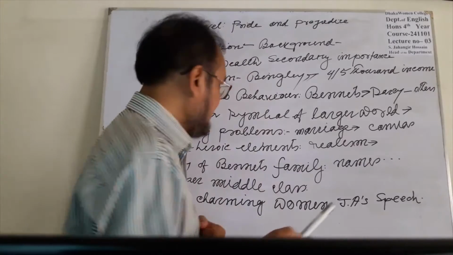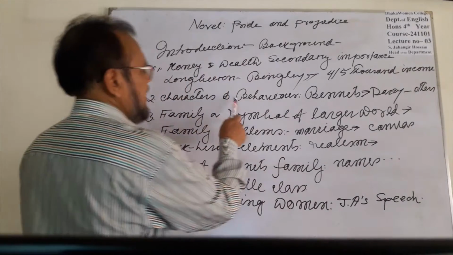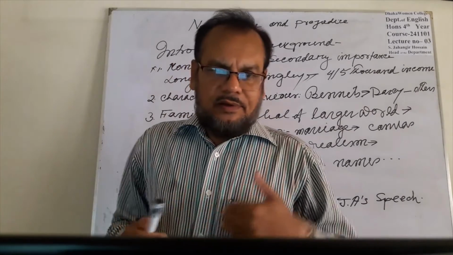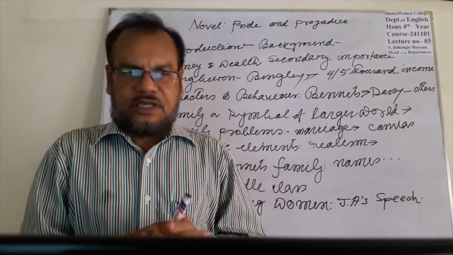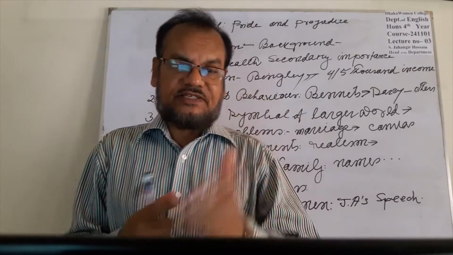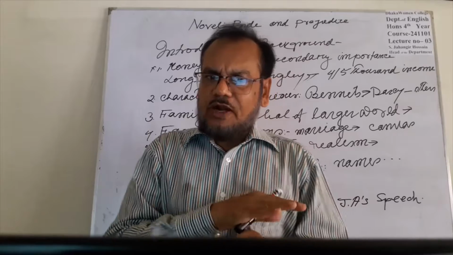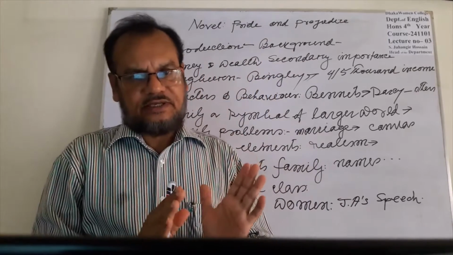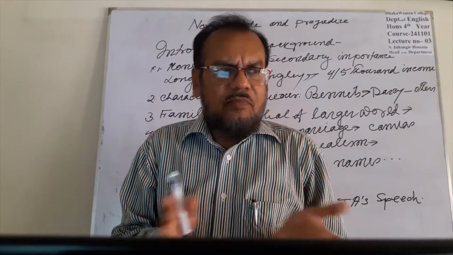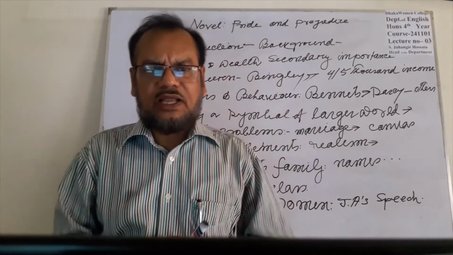Number 2, character and behavior, very important. You know, a lot of characters are in this novel, and every character is rich, but her characters are not at exalted levels of aristocracy. The middle class characters are everywhere.